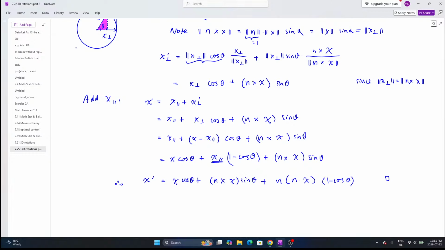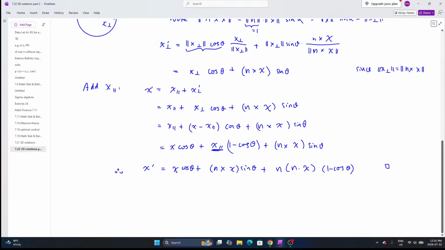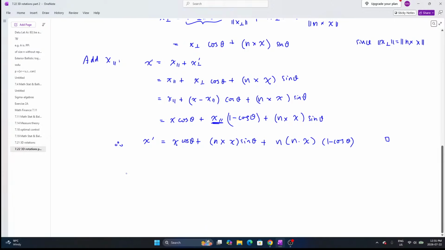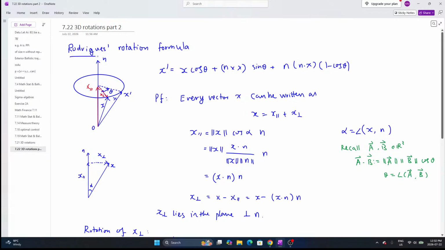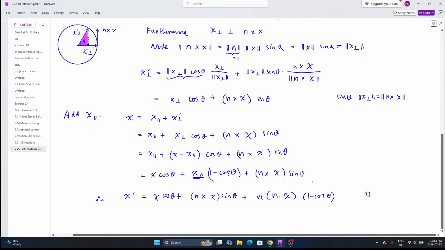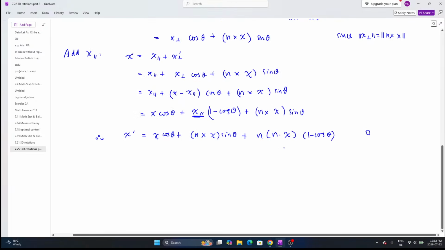At this point we managed to prove the Rodrigues formula, we wish to convert this into matrix form, right? So we know rotation is a linear transformation, so x prime should be some matrix times x. So our idea is to recover the matrix form. Here you have vector, cross product, dot product, and all those things.